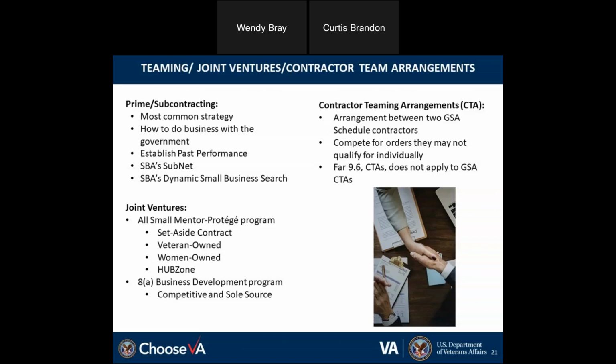So all information concerning CTAs or contractor teaming agreements can be located on the GSA, General Services Administration website.